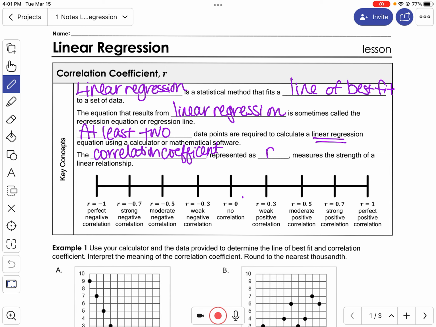So if R is 0, that means there's no correlation between your data points. If it's -1, that means it's a perfect negative correlation. If your R is +1, that's a perfect positive correlation. And then you can look to see the other things in between each one, okay?